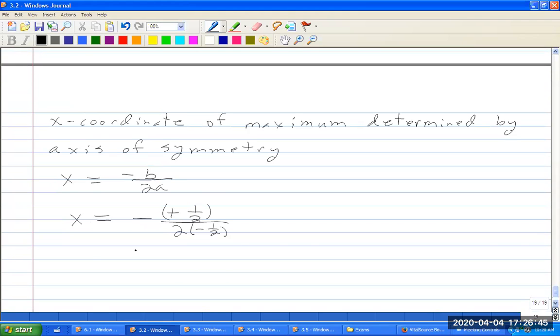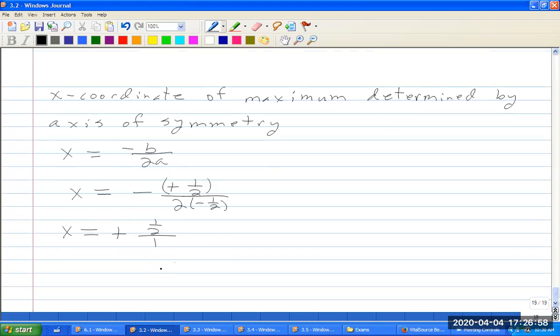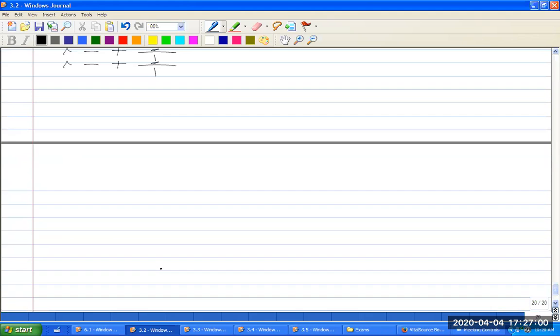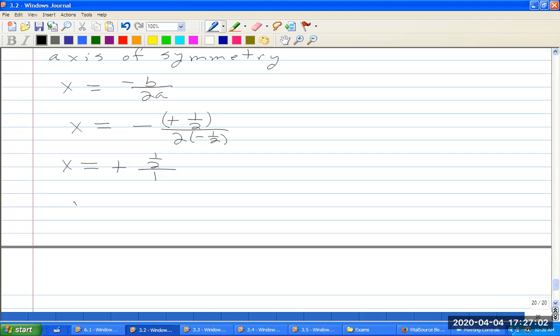Negative divided by negative is positive. 2 times 1/2 is just 1. 1/2 divided by 1 is just 1/2. So x is equal to 1/2. That is the x coordinate that gives us the maximum.